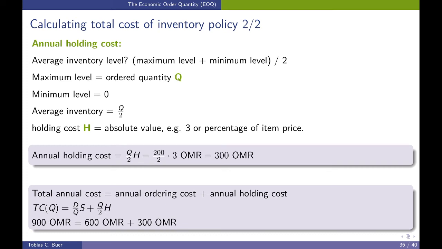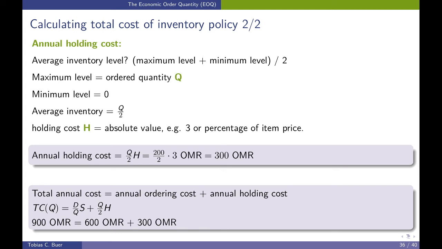And then we have the holding cost, written as the parameter big H. The holding cost might be an absolute value, for example 3 Omani Rial, but it can also be given as a percentage, like 10% of the item price. To sum up, the annual holding cost is Q over 2 times big H, and for this example it would be 300 Omani Rial.